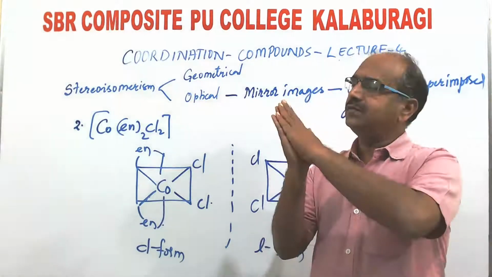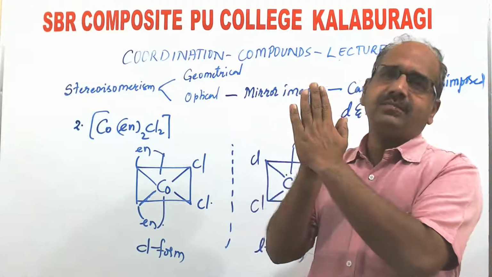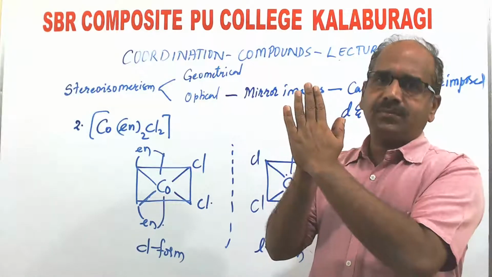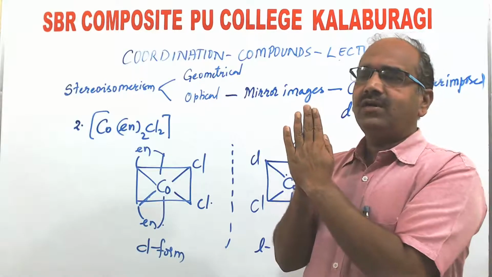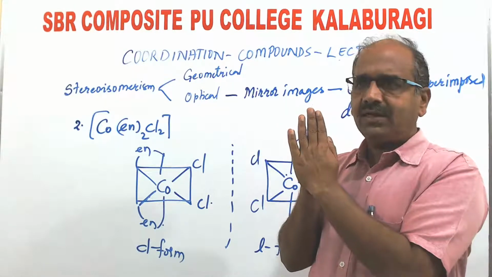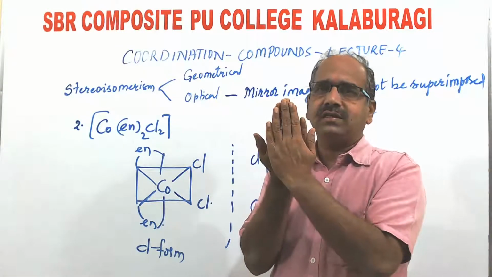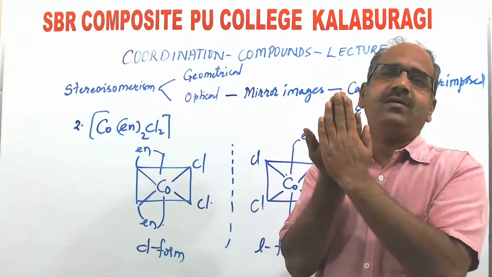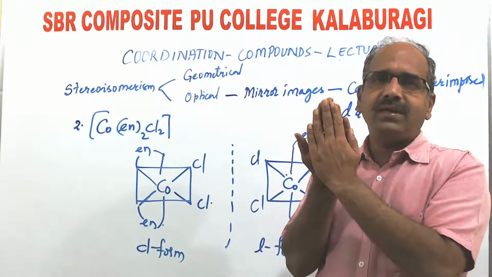Superimposable means, now you see these two. You have learnt this in the haloalkanes topic. If I hold these two palms like this, they are superimposable. When I hold like this, you are seeing only one hand, and the other hand is just eclipsed behind that. Suppose I hold like this, definitely you are able to make out I am holding two hands, one palm behind the other.